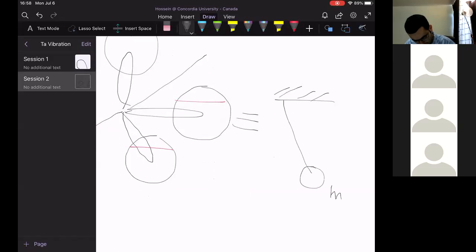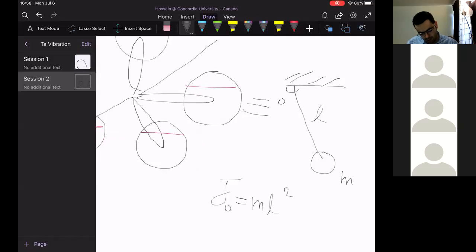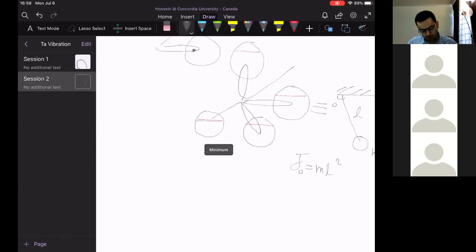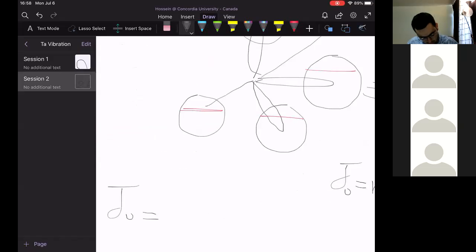For a pendulum, J around point O is m l squared, right? So here, therefore, J_O is equal to J_O prime plus m d squared. There is no resistance, my friend. That's why we don't have any mass moment of inertia around point O prime, right?